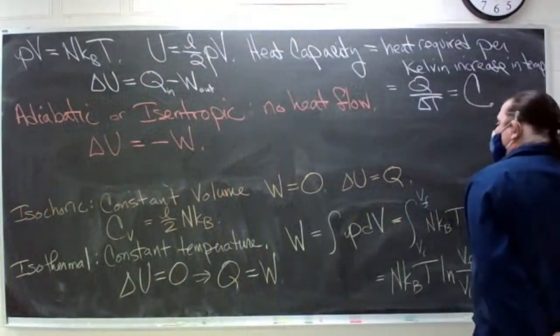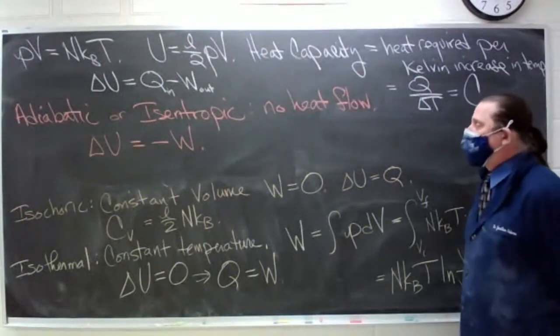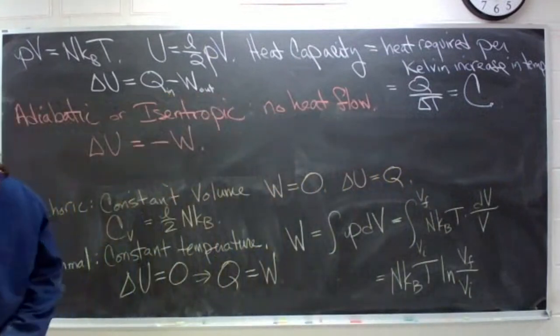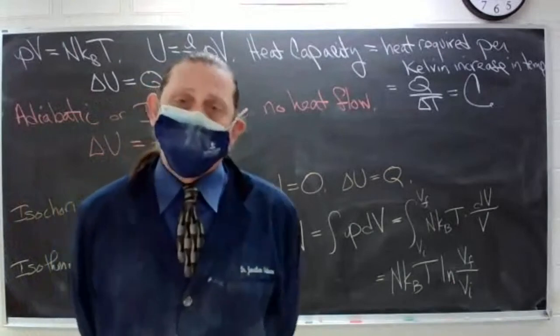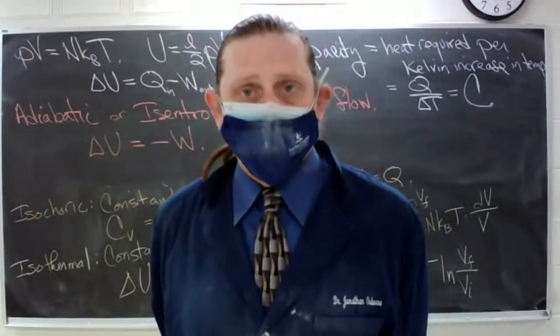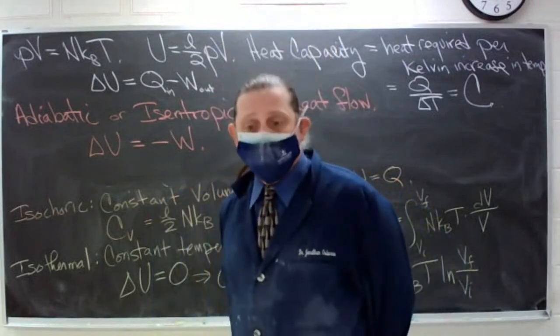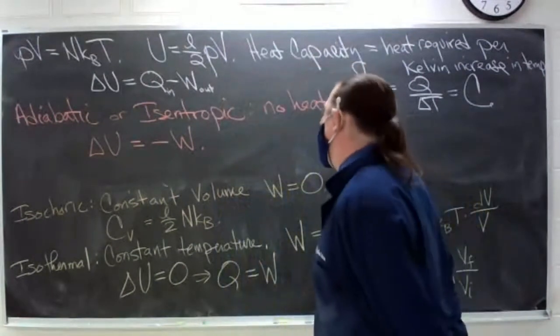All right, so what is the relationship between pressure and volume in an adiabatic process? We know, obviously, in an isobaric or isochoric process, we know what's happening to the pressure and volume. In an isothermal process, PV is constant. So what about adiabatic?